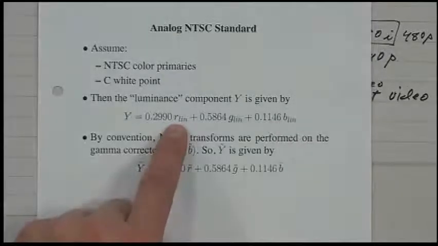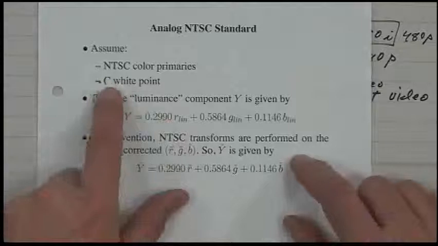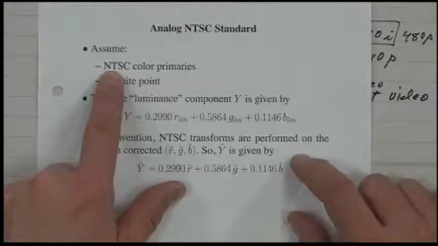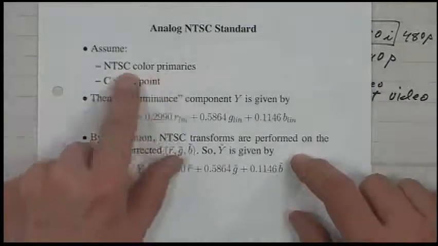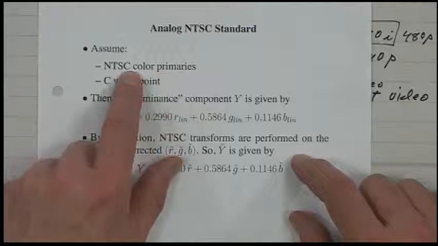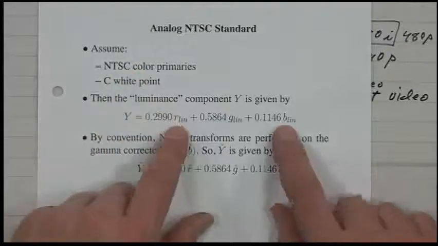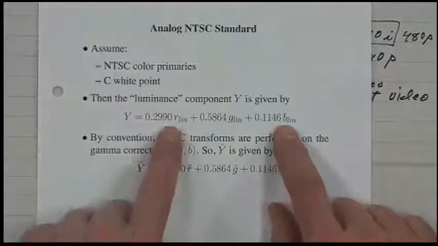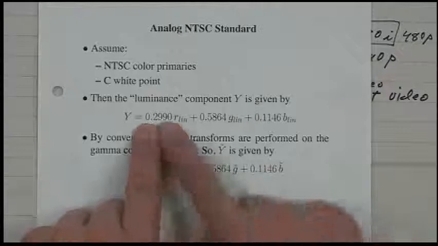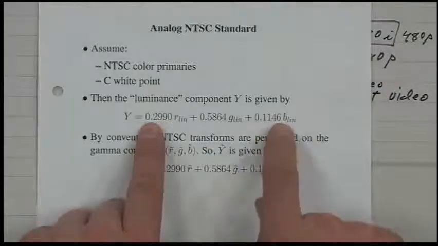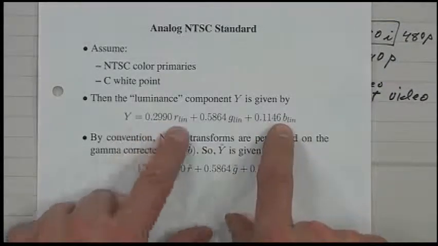We did the calculation, but that's true when you use a C white point and NTSC color primaries. And the NTSC color primaries were substantially less saturated than the 709 primaries. Okay. So if you go back there, amazingly enough, when you do the calculations, you actually get the same numbers. And these are the standard numbers for computing Y from RGB.